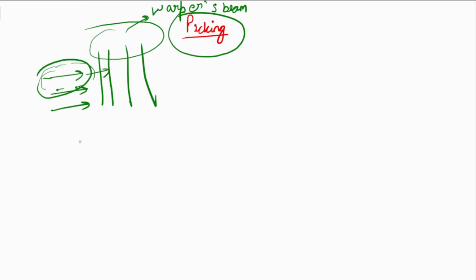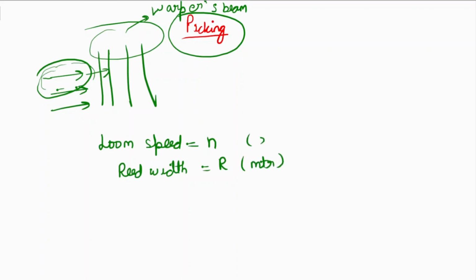Now, some important terms are loom speed. Let us consider this as N in RPM, and if reed width is represented as R in meters, and now the length of the shuttle, because the weft yarn is inserted inside the shuttle.